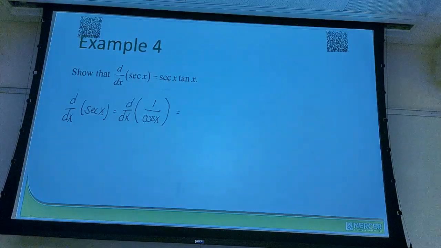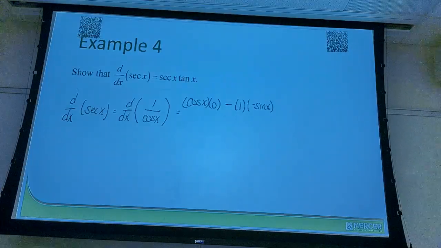Quotient rule. Denominator times derivative of the numerator. The power rule. What's the derivative of 1? One never changes. Minus numerator times derivative of the denominator. So what's the derivative of cosine?